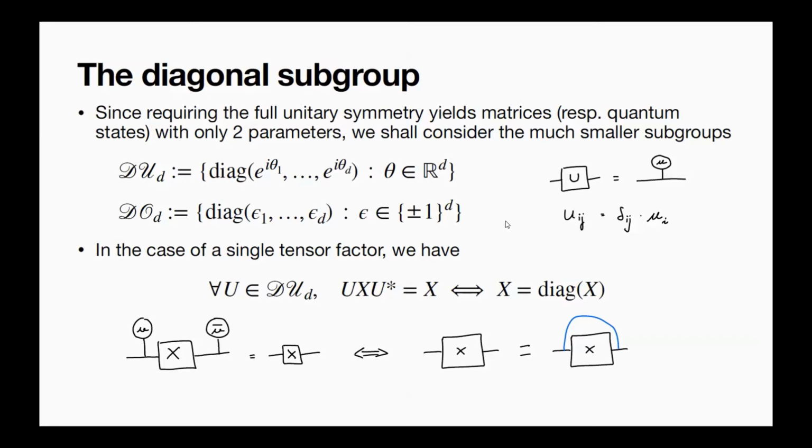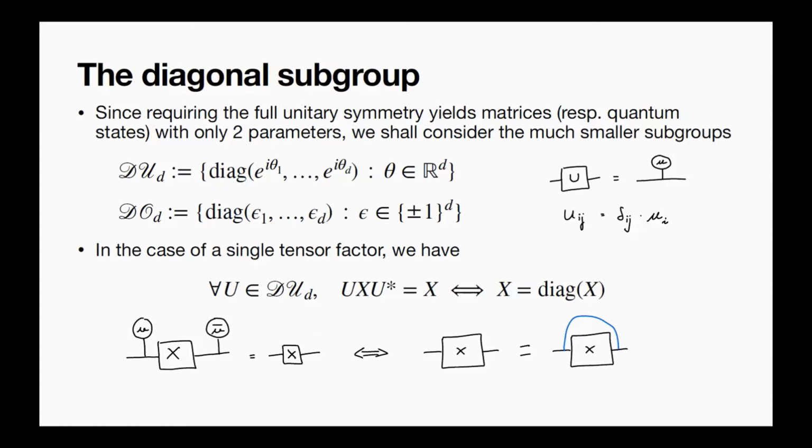Since these matrices are diagonal, the way they are represented in picture world is that I'm just having this line, which means that the input index has to match the output index. They are diagonal, and I put on top this vector u, which gives the corresponding phase, right? So the element u_ij is just δ_ij times the corresponding entry of a vector, now small u.